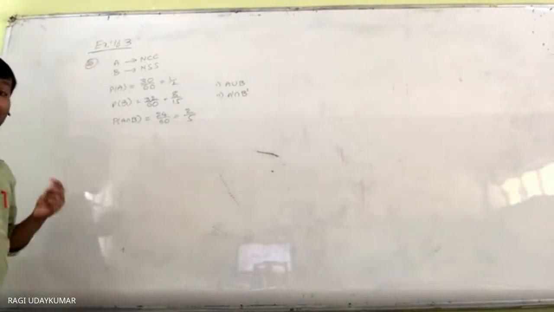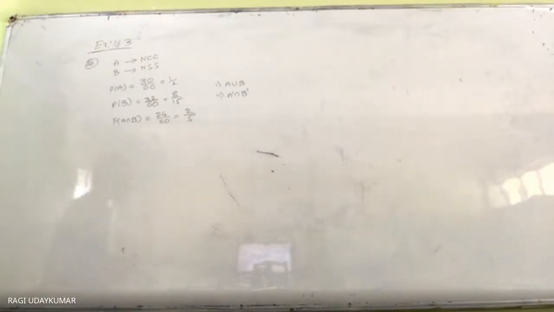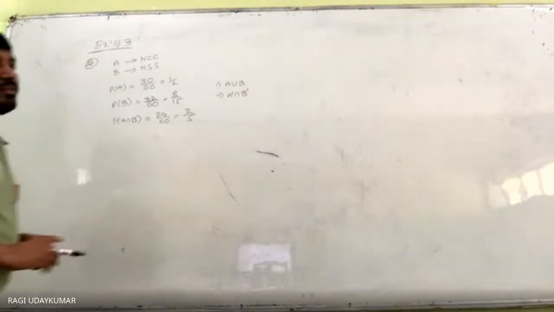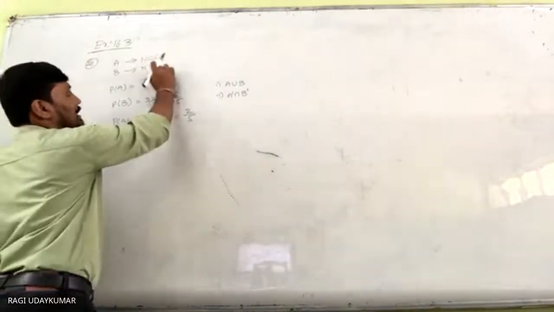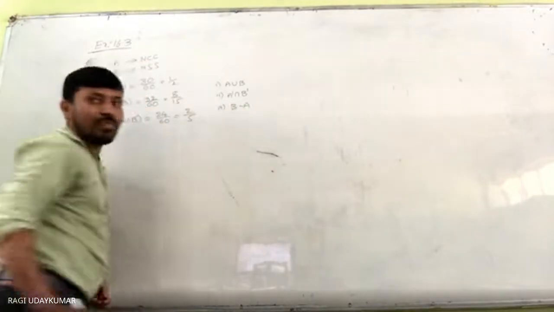The third question asks for the student who opted NSS but not NCC. NSS but not NCC is written as B minus A.